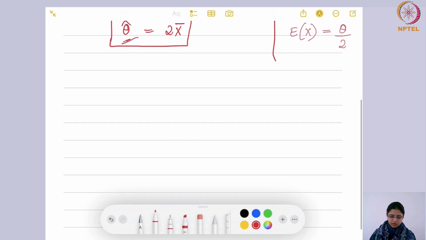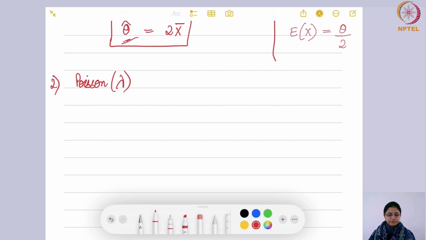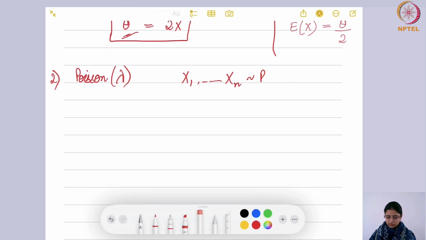Next one was the Poisson distribution. You don't have to worry about whether somebody says Poisson or Poisson, it's okay. Let me just use this notation P. Here also you have a single parameter, so you have to equate expectation of x with 1 over n summation xi.